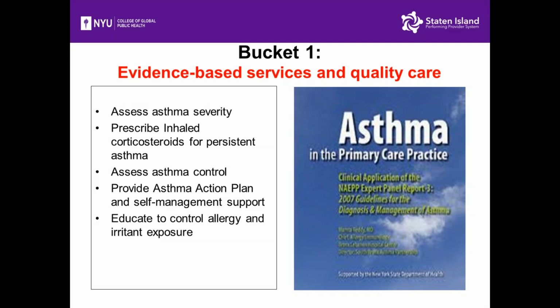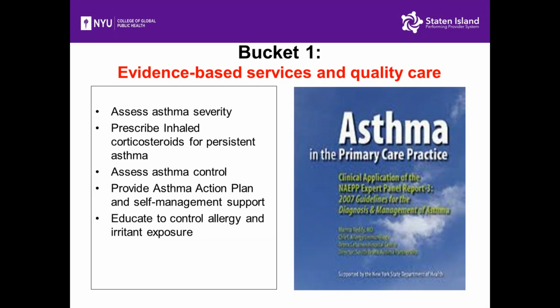So our approach using the three-bucket approach looks something like this. As I mentioned, bucket one is around evidence-based services and quality of care. And so in this instance, we want to be sure that healthcare providers adhere to the National Heart, Lung, and Blood Institute asthma guidelines that are in the expert panel report of the National Asthma Education Control Program.